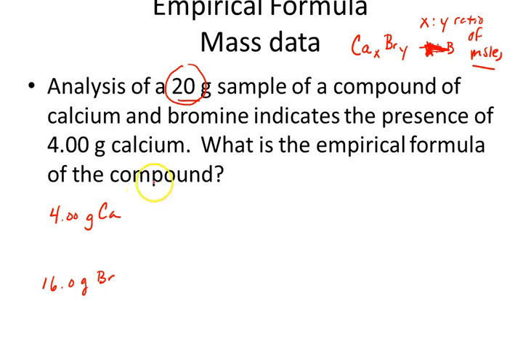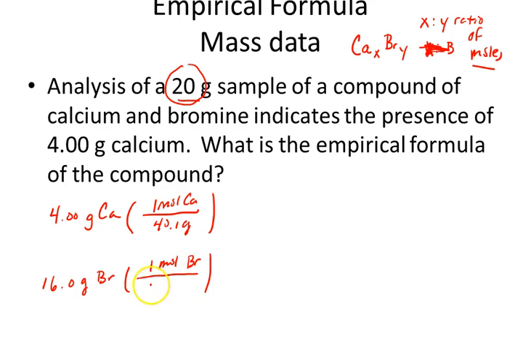To do that, we're going to convert our masses of each element into moles of element, using our factor label problem solving that we've been doing for a while now. In every 1 mole of calcium is 40.1 grams, and for every 1 mole of bromine, there's 79.9 grams.